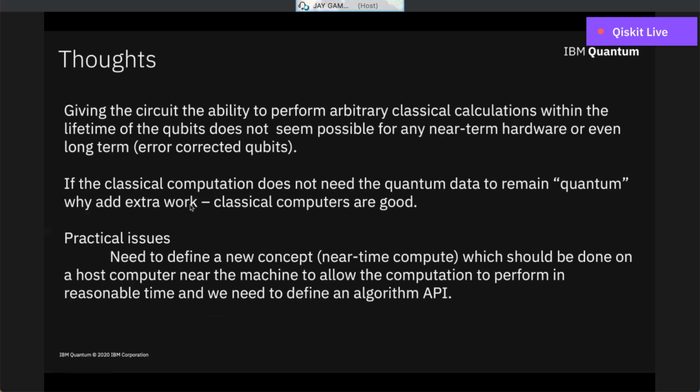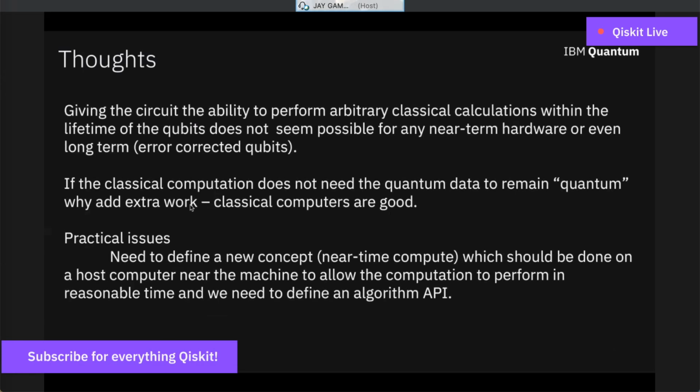My thoughts on this is that giving a circuit the ability to perform arbitrary classical calculations feels a little bit like we're giving it a bit too much power. I think it's not needed. And if we were to force the circuit to control the quantum data between the different realizations, we're overcomplicating it.